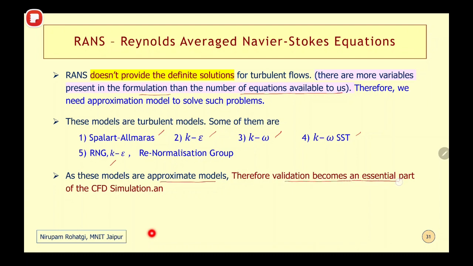Therefore, validation becomes an essential part of the CFD simulation. These are approximate models. The theory behind them, there is some theory, but that is not complete to the last decimal. It is not to that point. There are approximations. So it's a big mix of theory and empirical formulations.